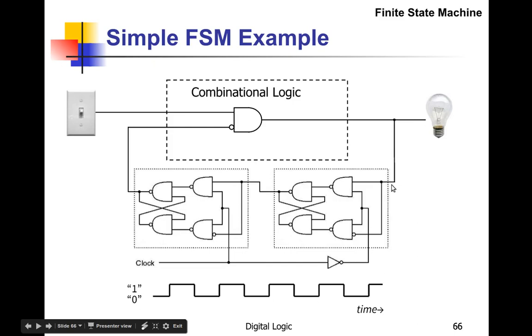This is a 0 right here. Remember, this was a 1 here. So it's in this state right here. Basically, it must have clocked in a 1 from over here.